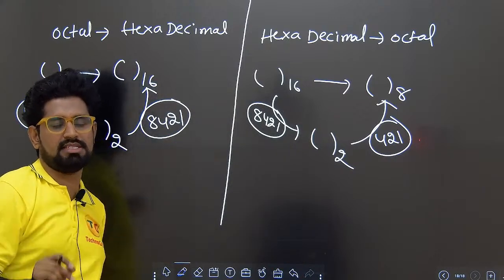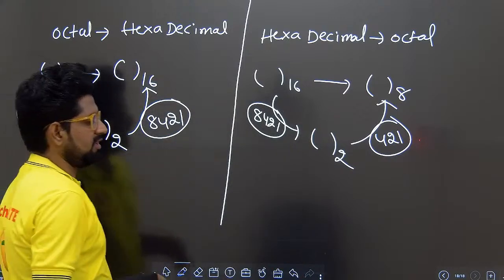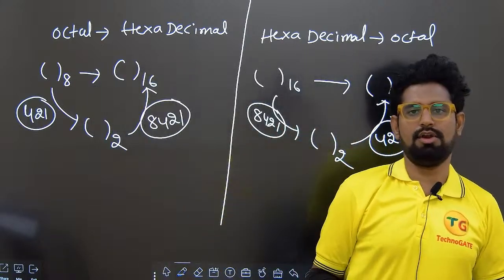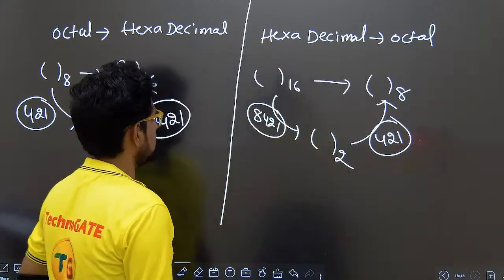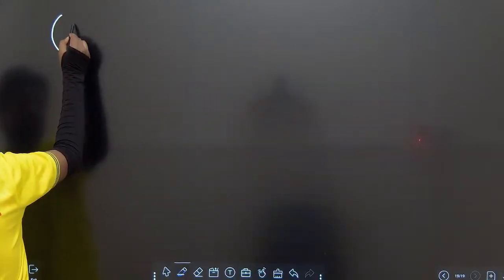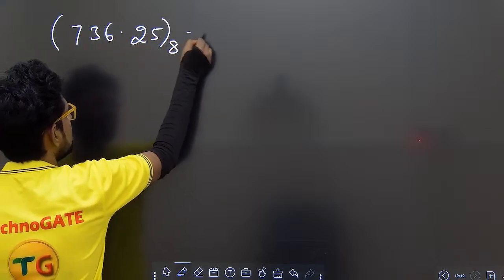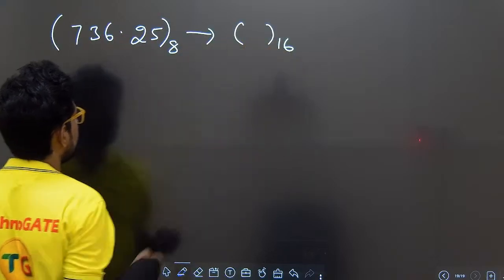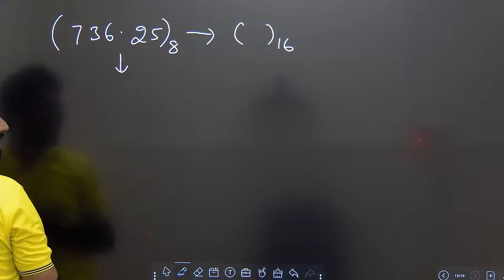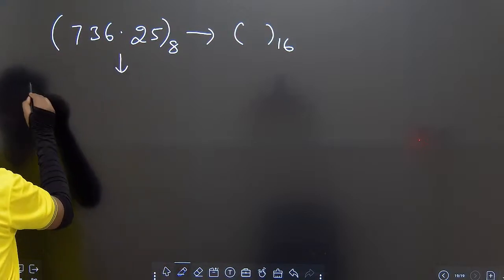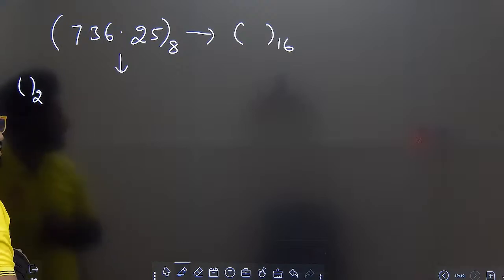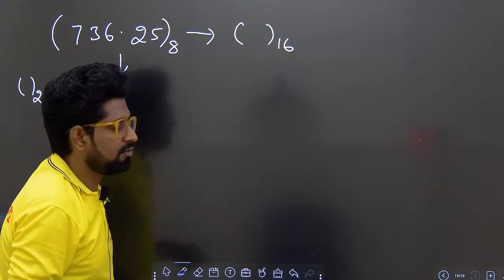So let's have one example for this. With this the number systems are going to complete. Let's take one example, octal to hexa. Base 8, 736.25 to 16. What I said? Step 1, convert into base 2. How to convert into base 2?